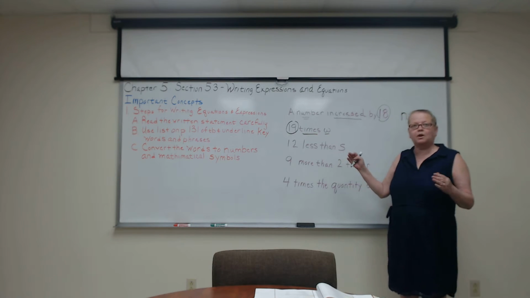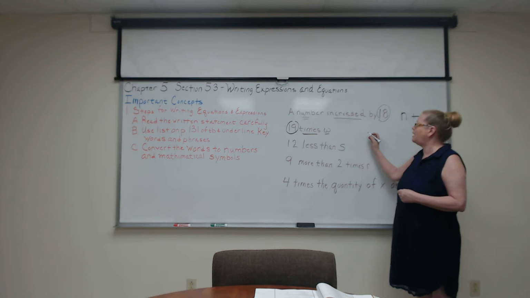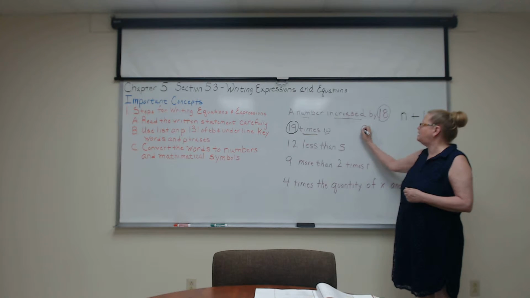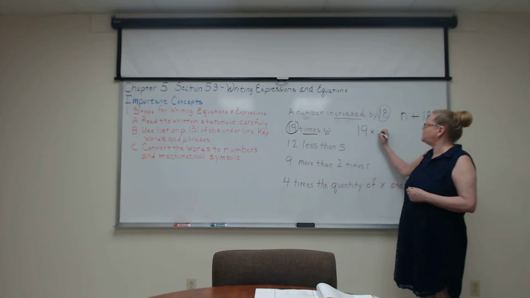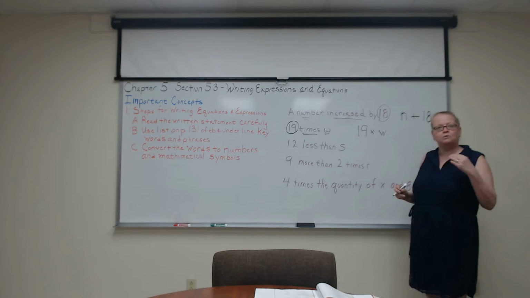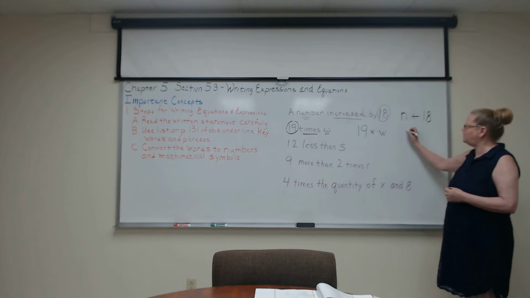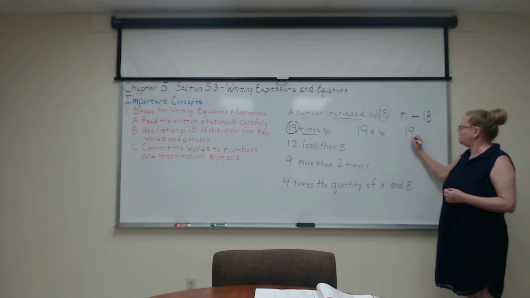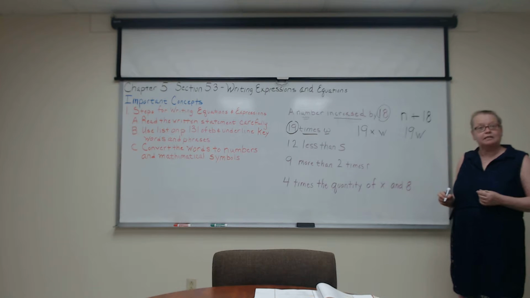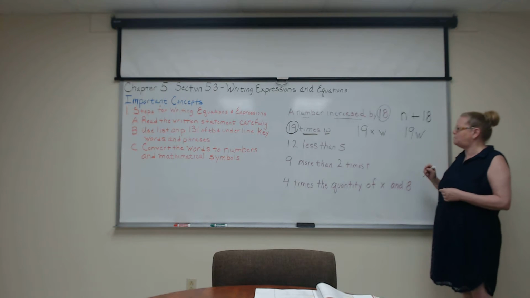We don't know what number. So we can set that up as 19 times W, but we don't write it that way in algebra. We write it this way: 19W means exactly the same thing. So that's something that you want to keep in mind.